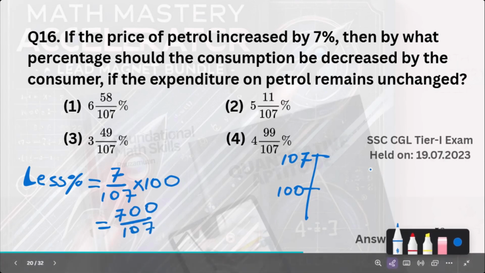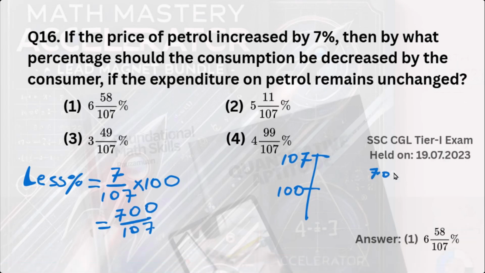Divide 700 by the number 107. 7 6s are 42, 6 1 is 6.